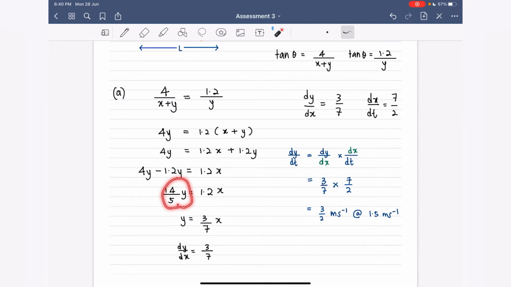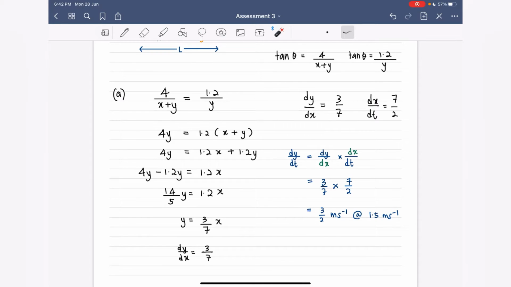This can be 14 over 5y equals 1.2x, and lastly y equals 3 over 7x. Then we can differentiate this equation. So we differentiate, it will be dy/dx equals 3 over 7.